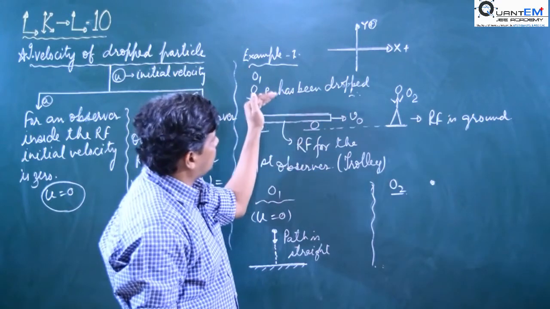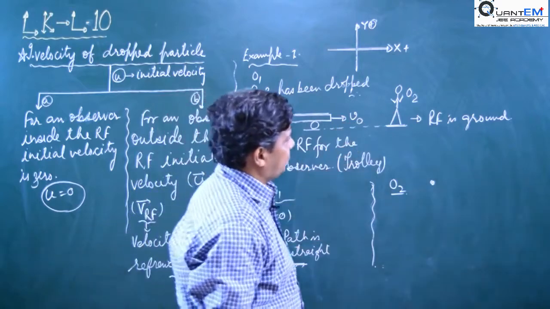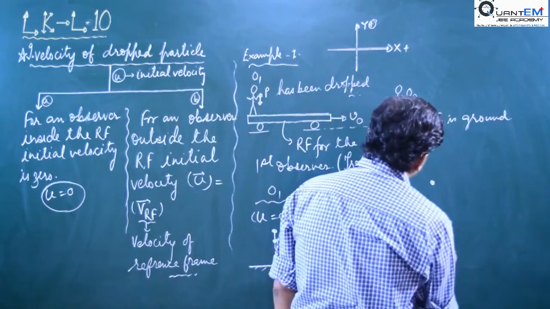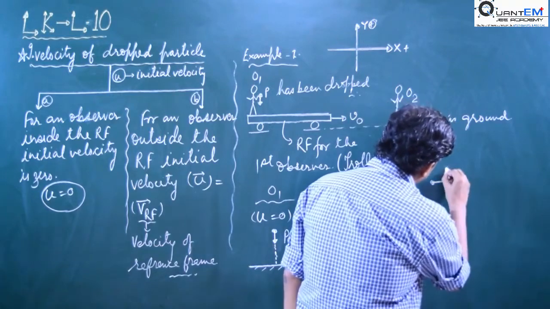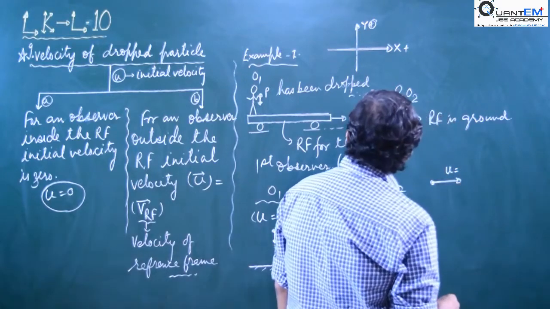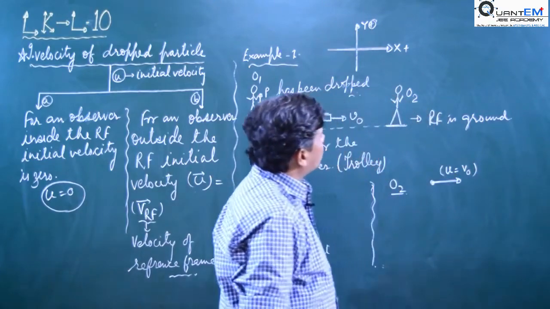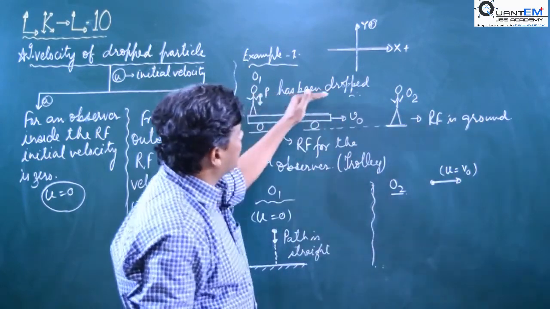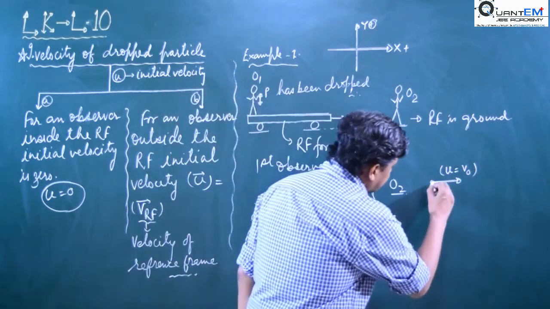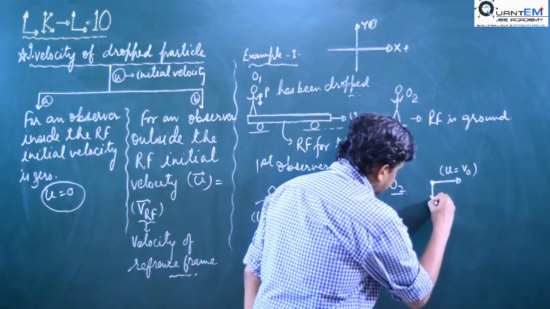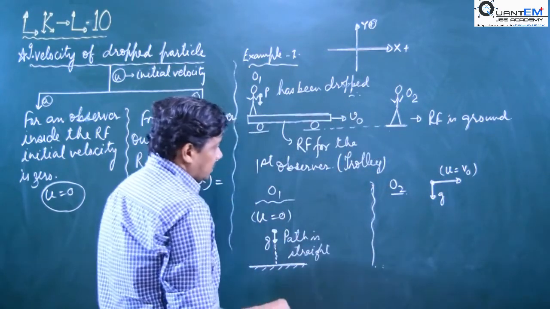That means the initial velocity of the particle will be the same as the velocity of the reference frame. So for the second observer, the initial velocity of the particle u is equal to what? The velocity of the observer. So for the second observer, this particle is moving in what? The horizontal direction as the trolley, and see, simultaneously gravity is in the downward direction. Here also gravity is in the downward direction.